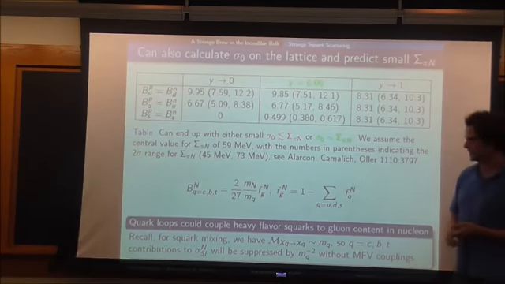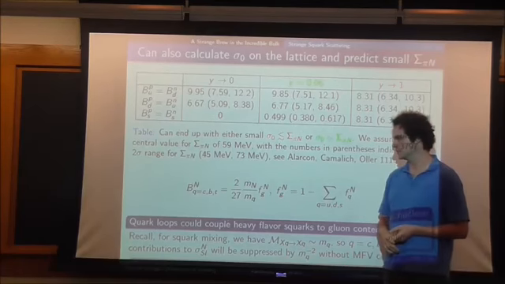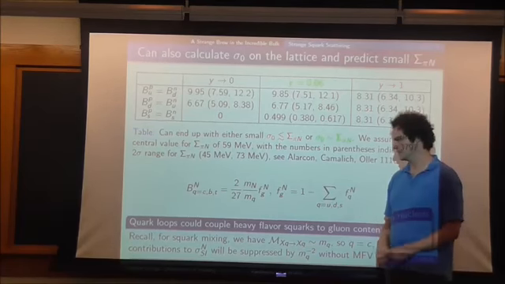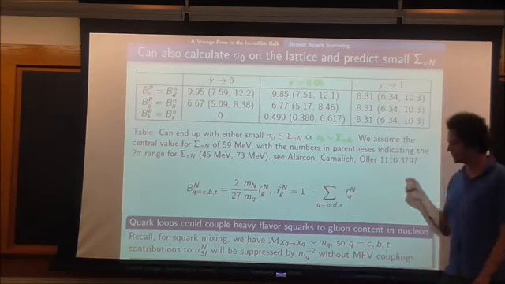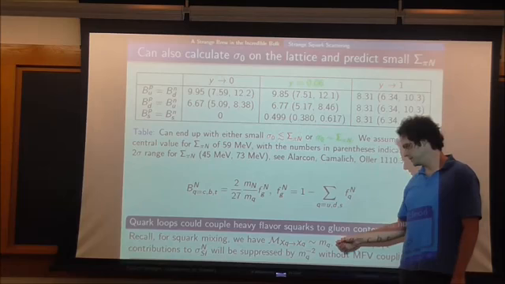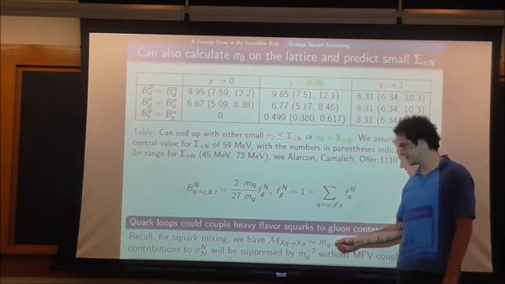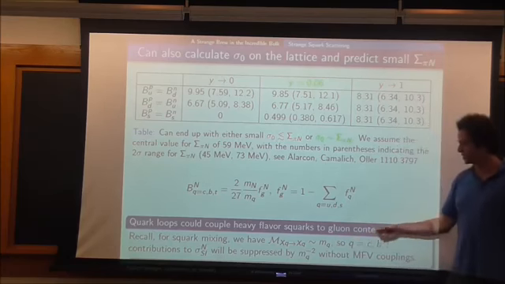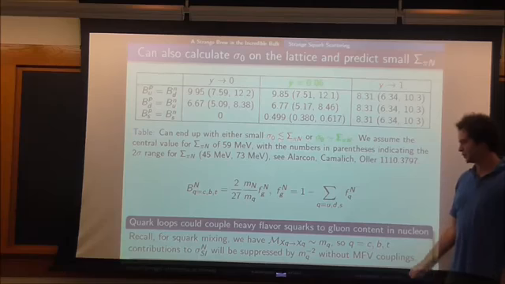As I mentioned, you can scatter through heavy quark loops and couple with the gluon content of the nucleon. But because we're not in minimal flavor violation, our matrix elements aren't going like mq squared. So it's just a straight gauge coupling.